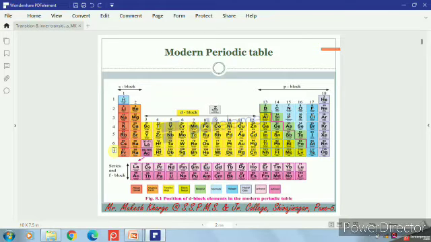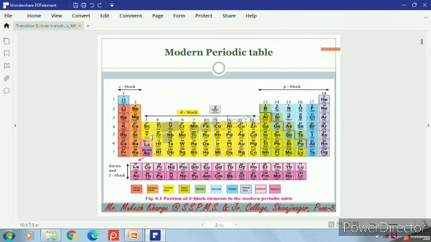The (n-1) d orbital is successively filled in each of these elements, where n is the valence shell. The 3d series of these elements is from scandium, atomic number 21, to zinc, atomic number 30.